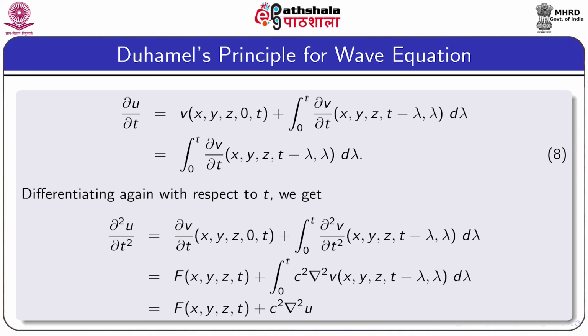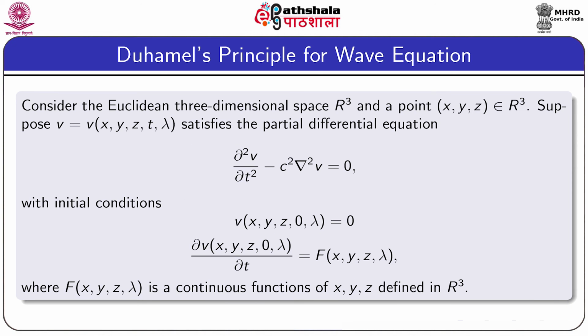And the value of del v del t at t equals 0 is given by f(x, y, z, lambda). Therefore, the value of del v del t at x, y, z, 0, t is equal to capital F(x, y, z, t).